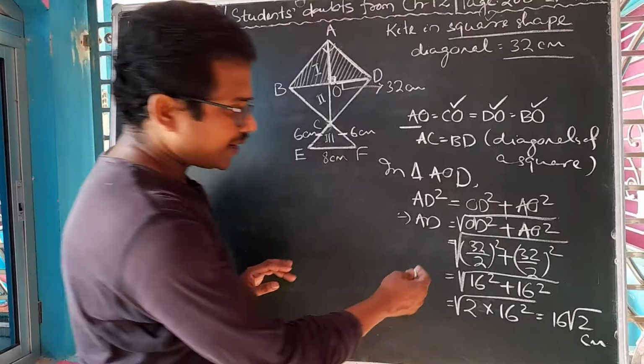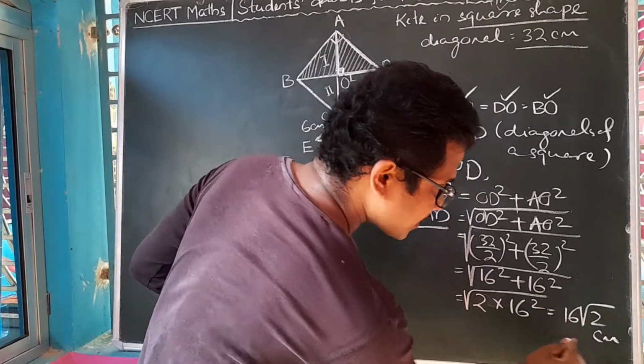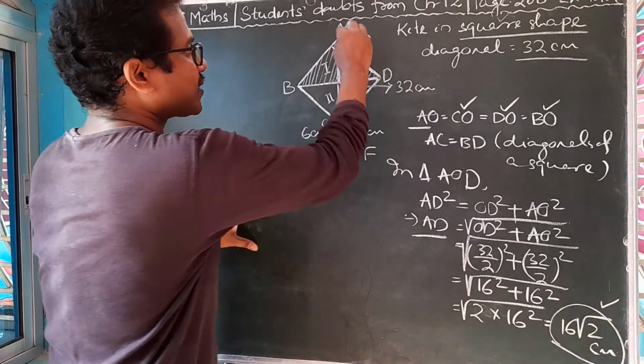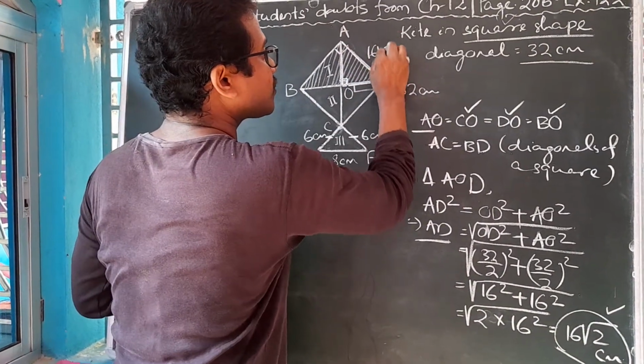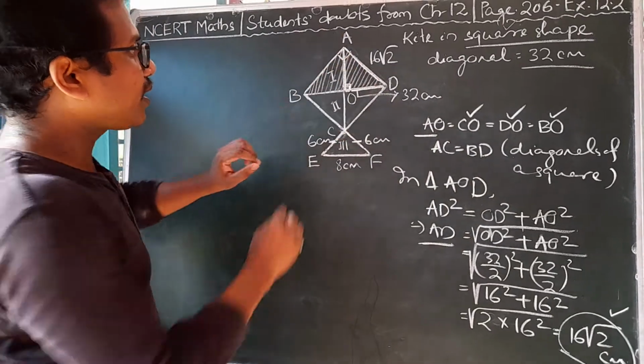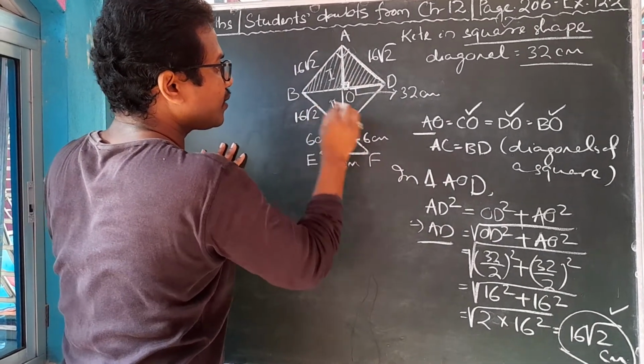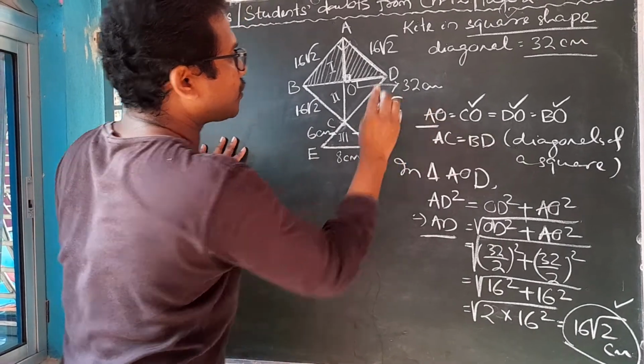So AD, students, is 16 into root 2 cm. And you know, since this is a square, AB would be 16 root 2, this is also 16 root 2 and this is also 16 root 2.